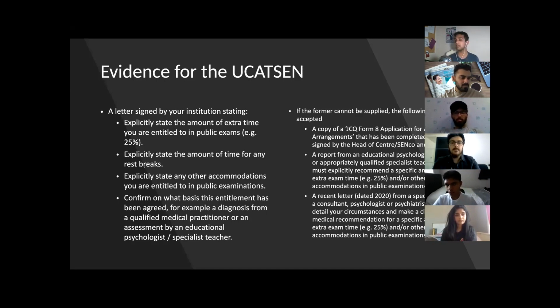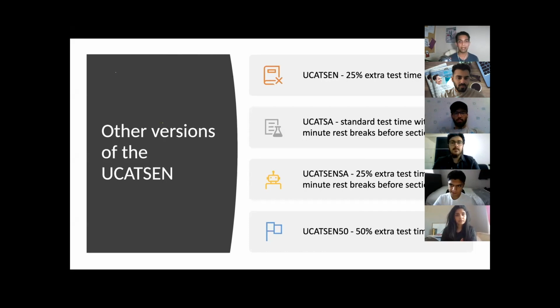And following that, the other versions of the UCAT, if I may. So there's the standard 25% extra time version of the UCAT-SEN, and there's also a 50% version. Each of these different versions of the UCAT-SEN have different eligibility criteria, which you can find on the UCAT website when registering.